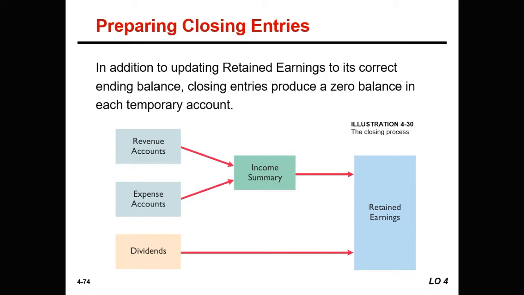Closing entries transfer the temporary account balances to stockholders' equity and reduce the balance in the temporary accounts to zero. This effectively resets them and brings them ready to accumulate data for the next accounting period. Let's take a look at how we do this.